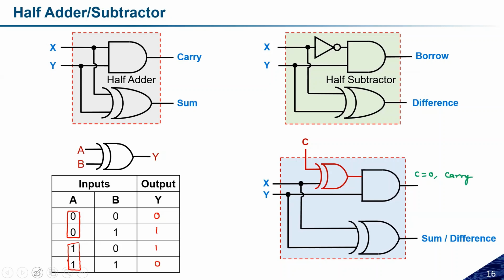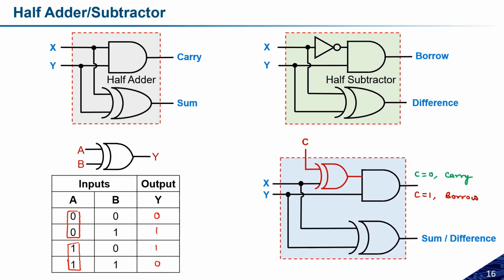And if C is equal to 1, it will act as a borrow. Okay, so this is the case. Now I have to control these things with the help of C. So this is the simple circuit that can act as a half adder as well as a half subtractor.